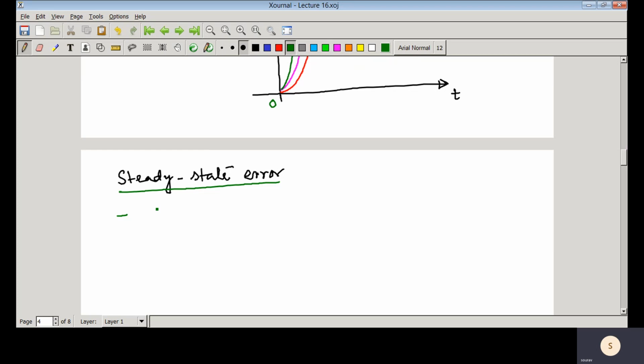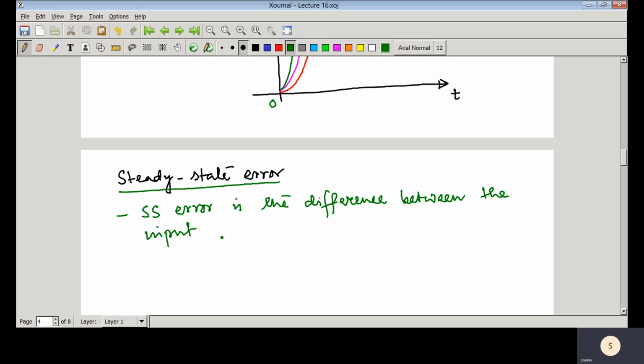So here we can write the steady state error, steady state in abbreviated form I am writing SS, is the difference between the input and the output for a prescribed test input.